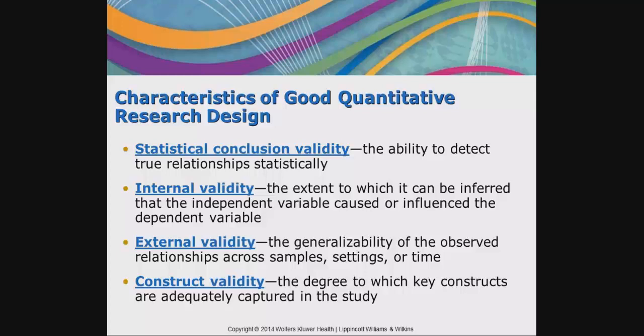Now, of these types of validity, we're going to talk more about them, but the construct validity is probably the most difficult to measure because you're really looking at how well or accurate did the instrument, the questionnaire, the tool, the survey, the whatever you used, measure the construct, that really abstract thing like caring, healing, whatever. How well did it measure that? And that is probably the hardest of these four to account for.